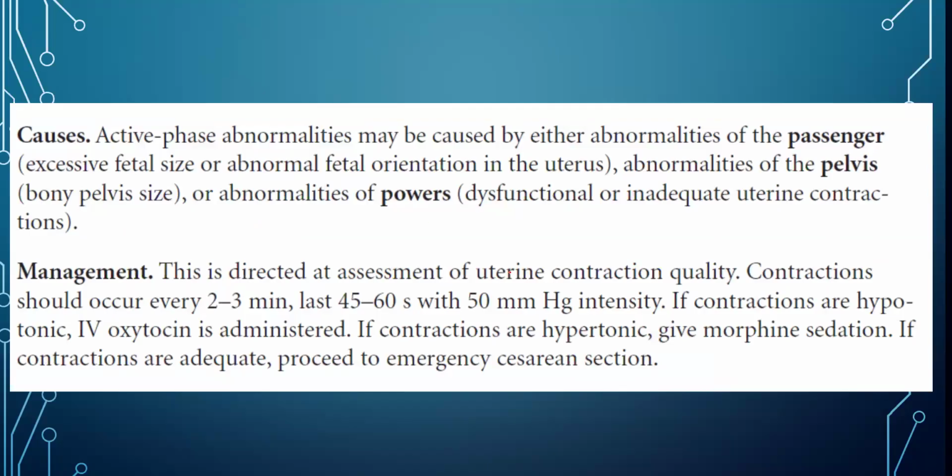The first thing that you need to do is to find out how is the uterine contraction quality. Ideally in active phase, contraction should happen every 2 to 3 minutes, lasting 45 to 60 seconds with 50 millimeter mercury intensity. That's the normal thing. If contractions are hypotonic, that means less than 50 millimeter, then you will give oxytocin to increase the contraction.